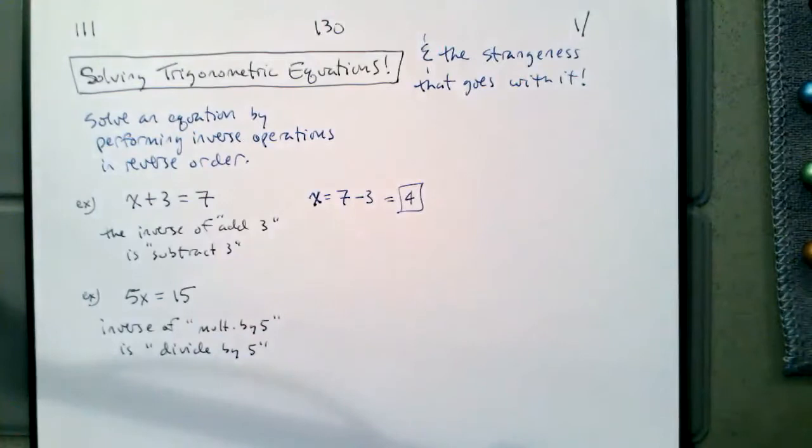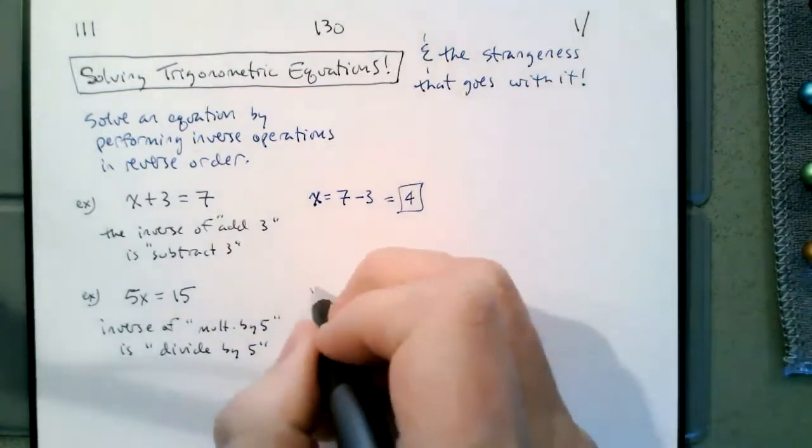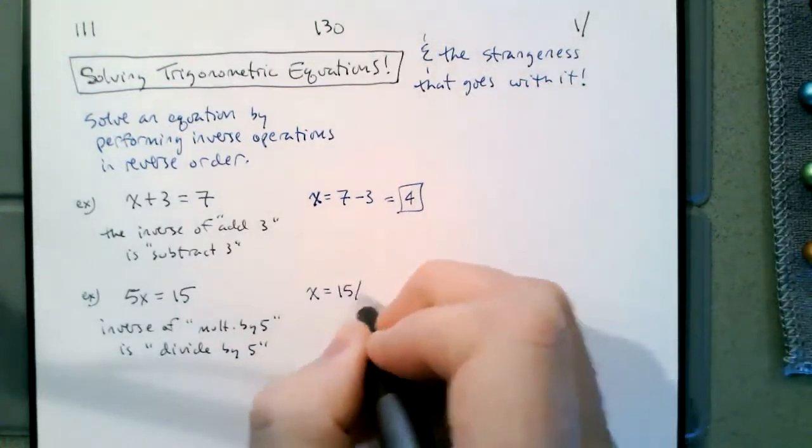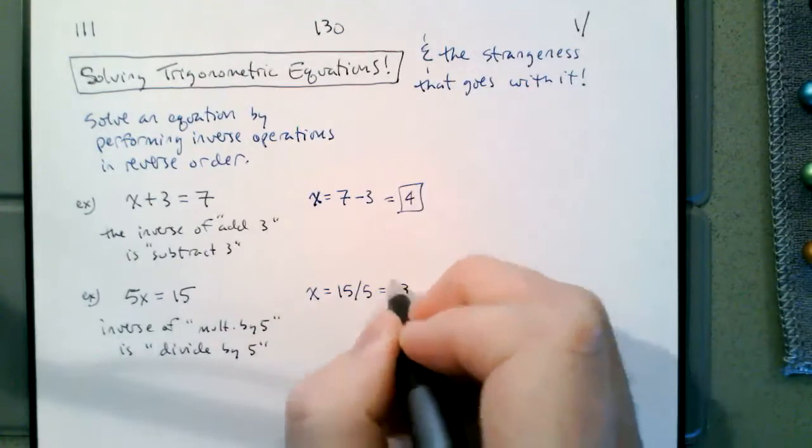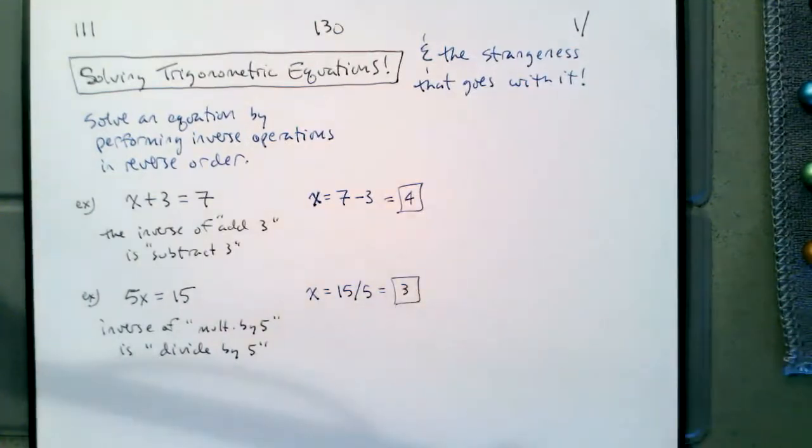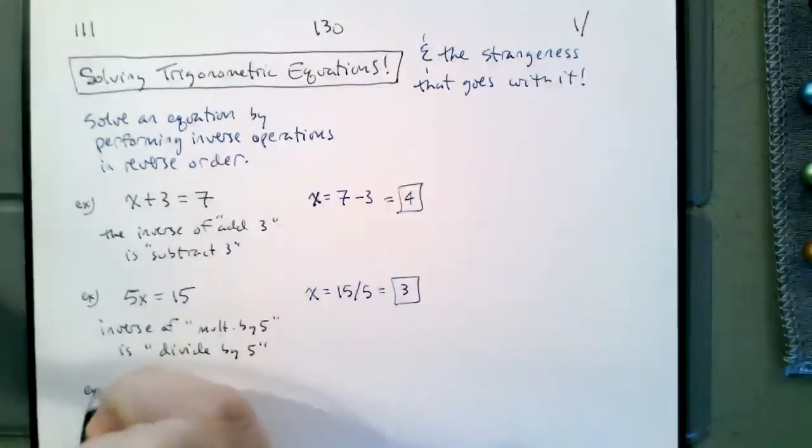So 5 times something is equal to 15. So that something is 15 divided by 5.